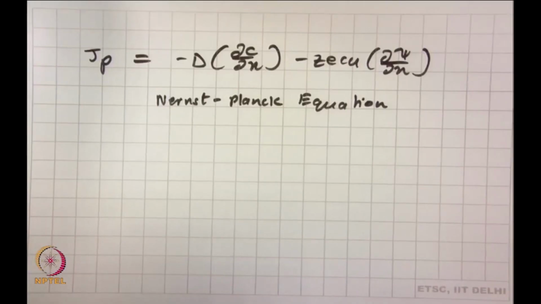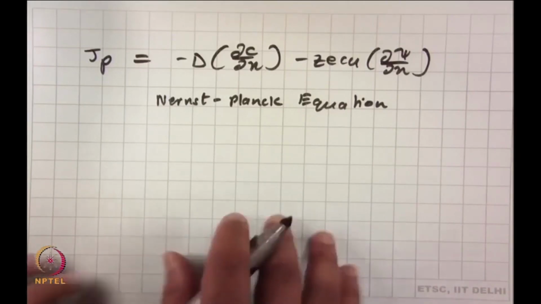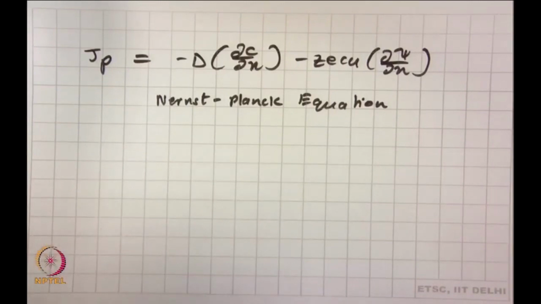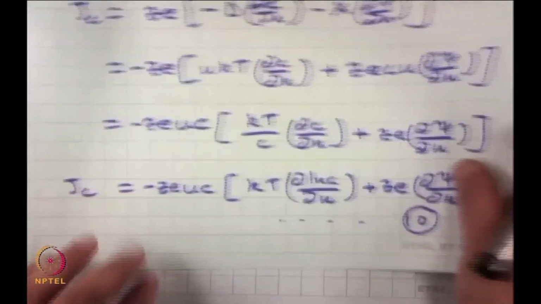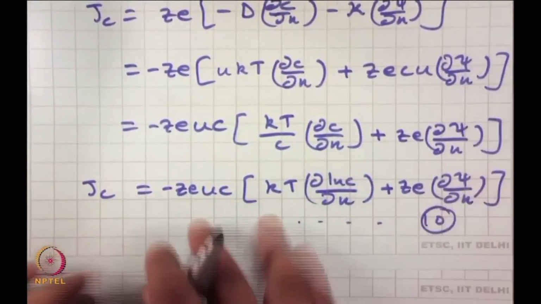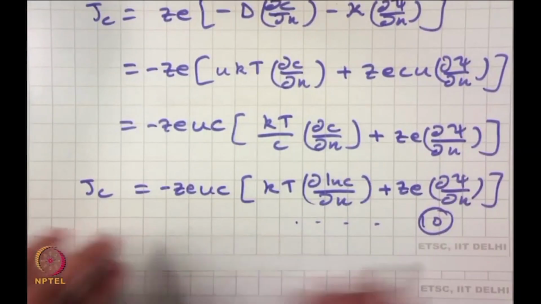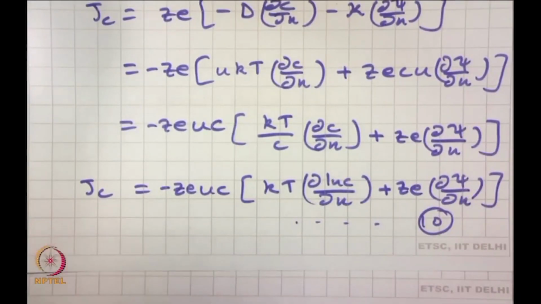Now, equation number 10 actually went like this. I will just show what equation number 10 was again. This was equation number 10 where we stopped last class, where it says that the flux of the charged particles varies as this, where the first term in the bracket is del ln c over del x with the corresponding constant, and the second term is del psi over del x with the corresponding constant.